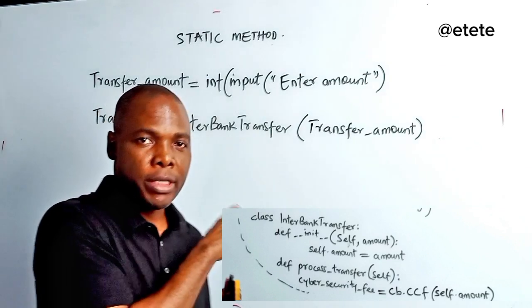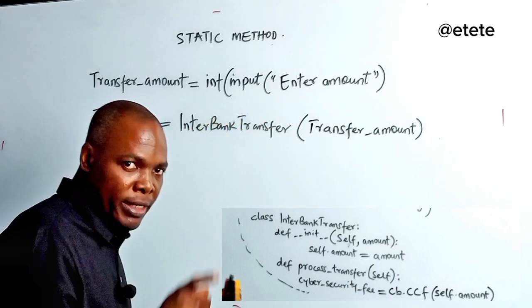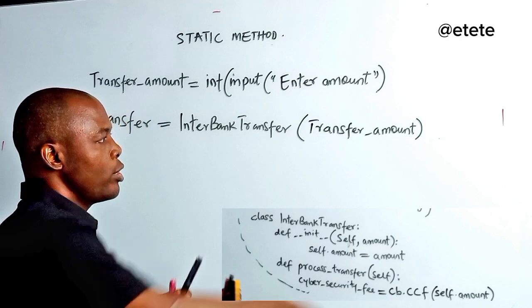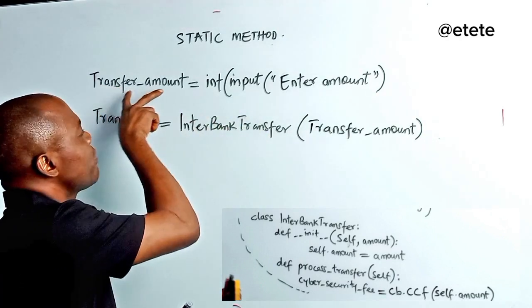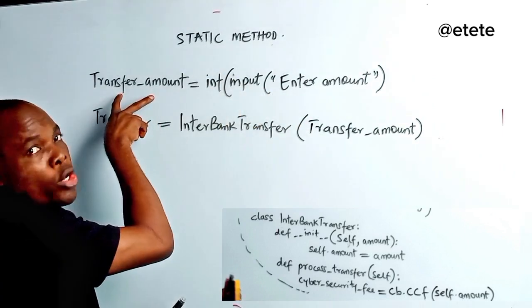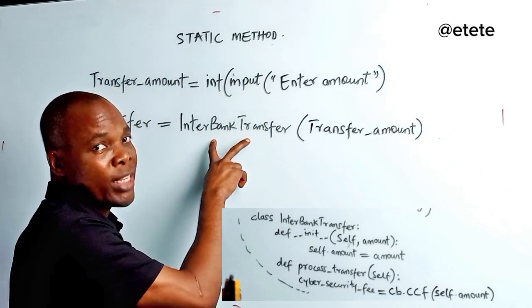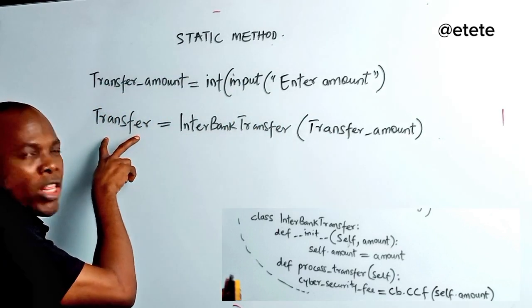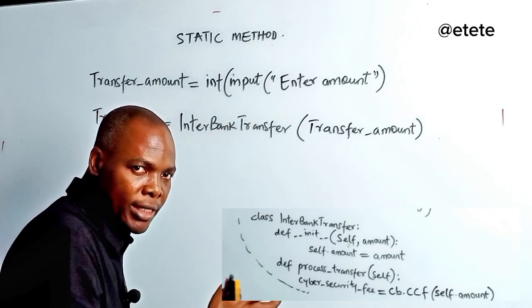Now I want you to note something here. Remember that my interbank class is expecting something when I instantiate the class. So I am taking this amount. Once I supply this transfer amount, so the user is going to supply maybe 20,000, 20,000 will be stored here. So this variable is what I am giving to this interbank transfer, meaning I am creating an object for this class. Then it will go into the class, the init method.